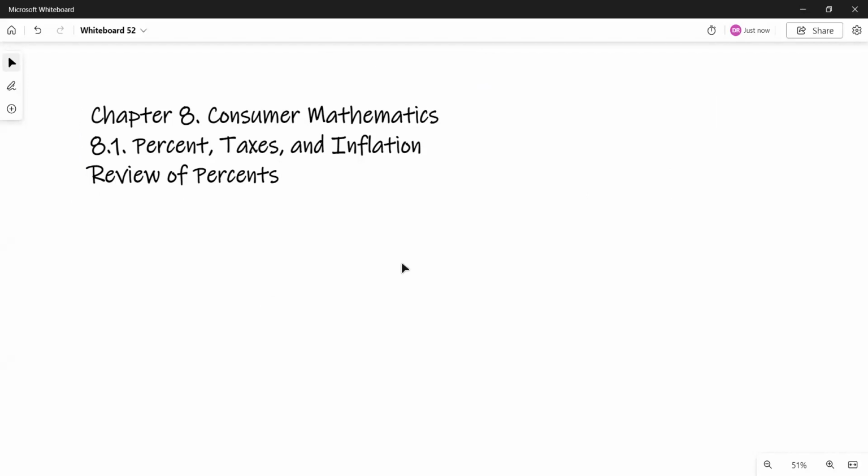So percent: per means division, and cent is 100. So percent means divided by 100.